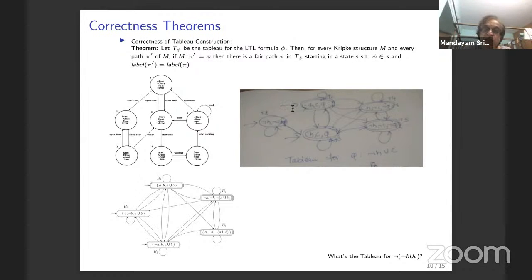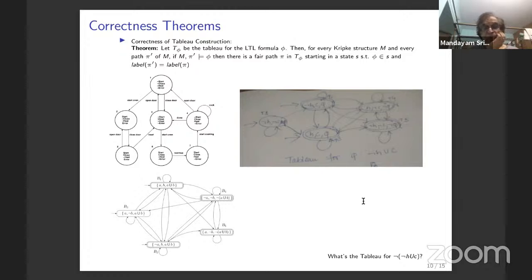It's just the same tableau in which the initial states, instead of being T1, T2, and T3, which contain 5, will be T4 and T5, which contain not of 5. That's all that you need to do.